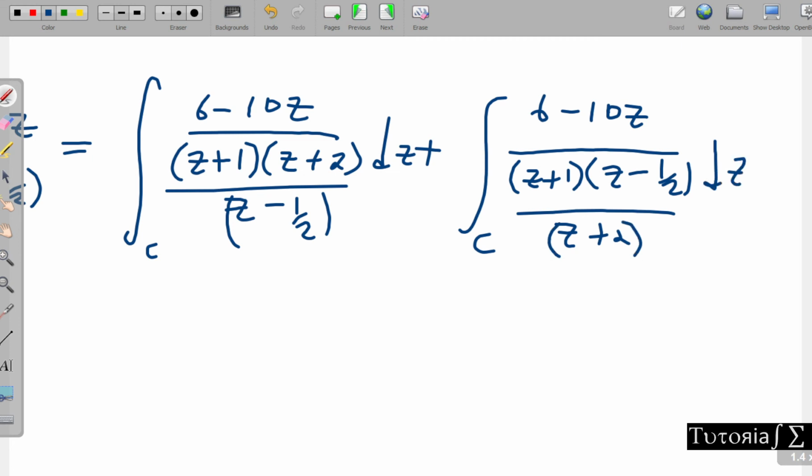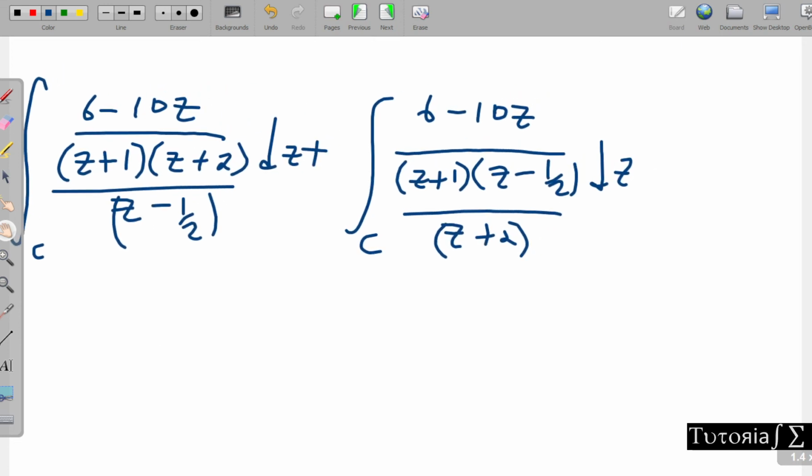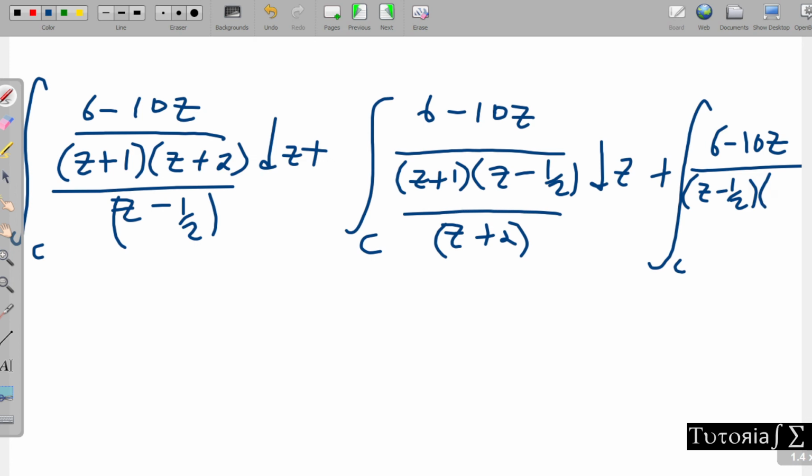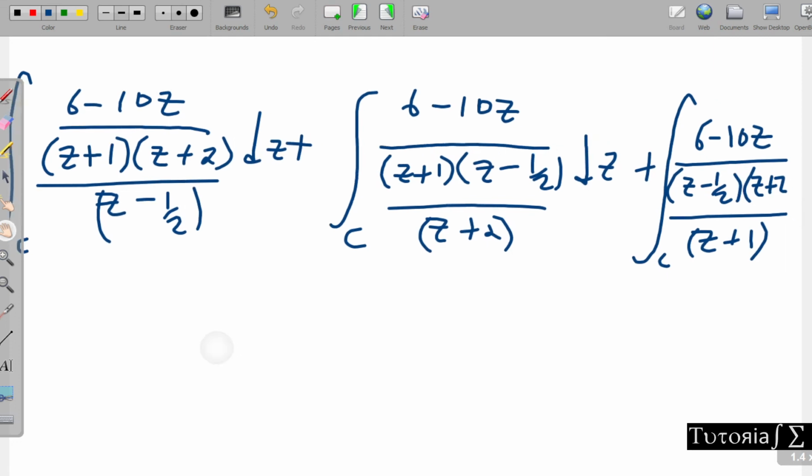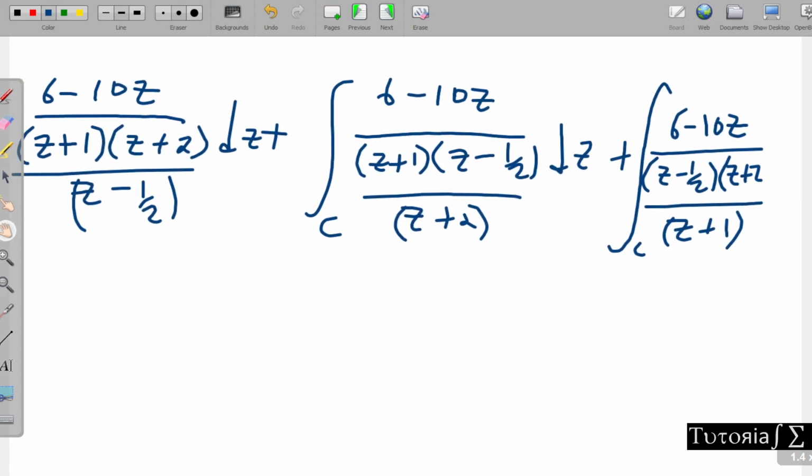Then one more: 10z divided by z minus 1 over 2, z plus 2, over z plus 1, dz. Quite interesting.